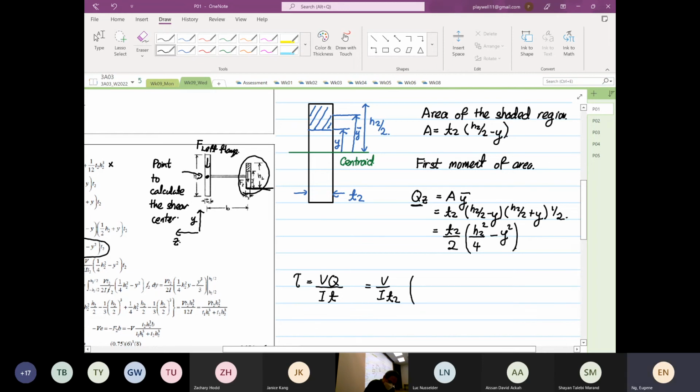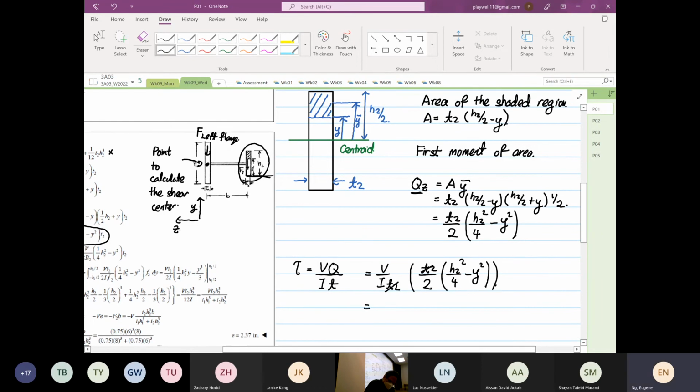Then multiply by t2 over 2 times h2 squared over 4 minus y squared. So we realize that we can get rid of our t2s. So this will be equal to V over 2I, right? So you have h2 squared over 4 minus y squared.